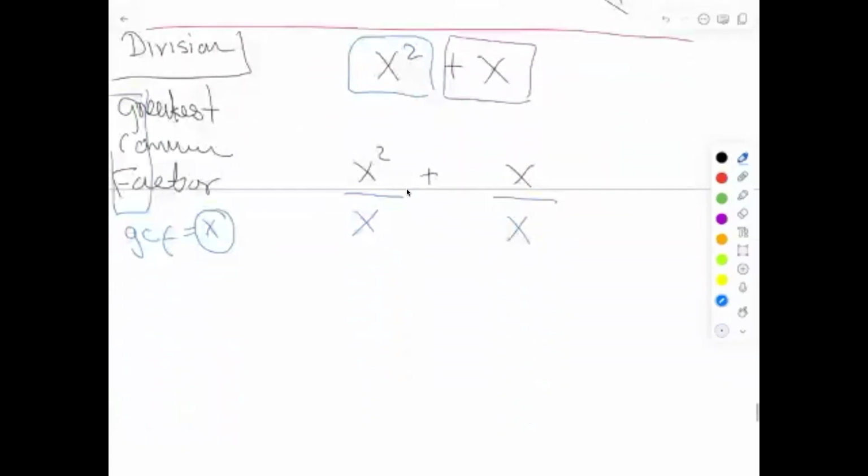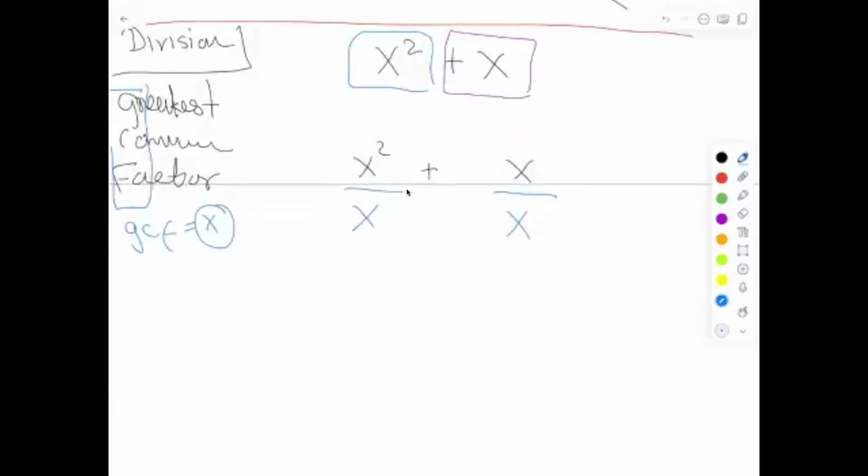So now, we're back to exponentials. Remember exponentials that we did an hour ago? What does this division sign tell us? What is this? Negative. This is subtraction, correct? Yes. So what is this? X to the second, right?